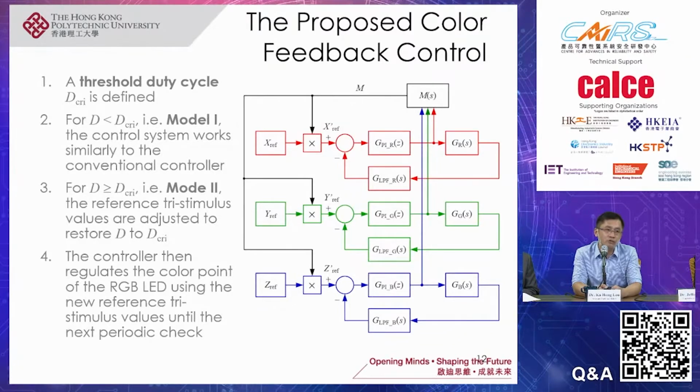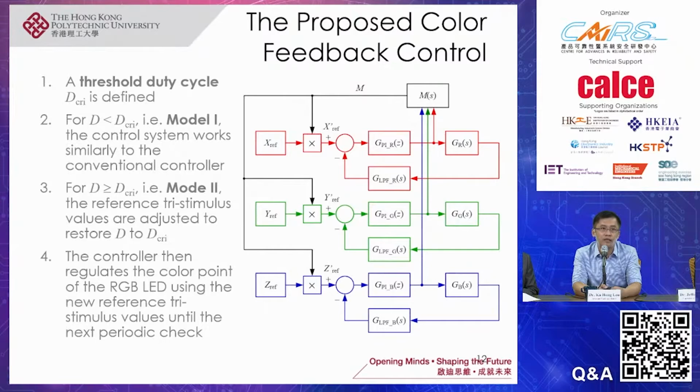But if we only make this change to the red channel and keep the reference values of the green and blue channels the same, then we will lose control of the color point of the LED system. Therefore, in order to maintain the color point of the total light output, we also need to reduce the reference value for the green channel and the reference value for the blue channel.